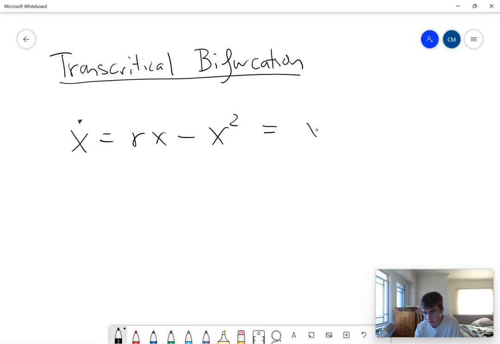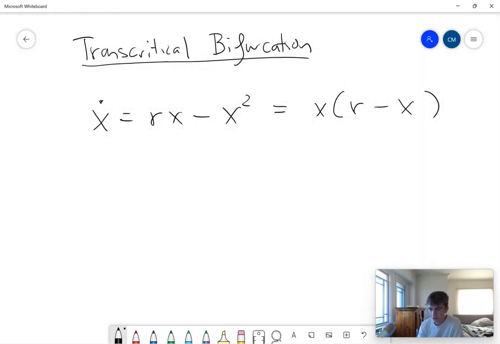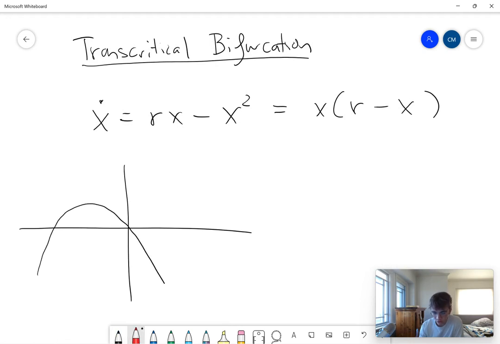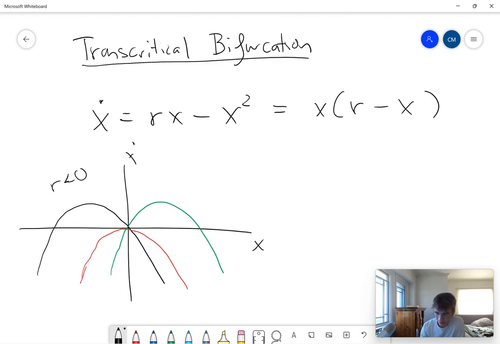So if we factor this out, we have x times r minus x. And we can see that by changing r, we're essentially just sliding the root, which is non-trivial. So we'll have something that looks like this, and then we'll eventually slide over here. So in this first example, here's x dot. And the first black line that I've drawn here, we have r is negative, okay?